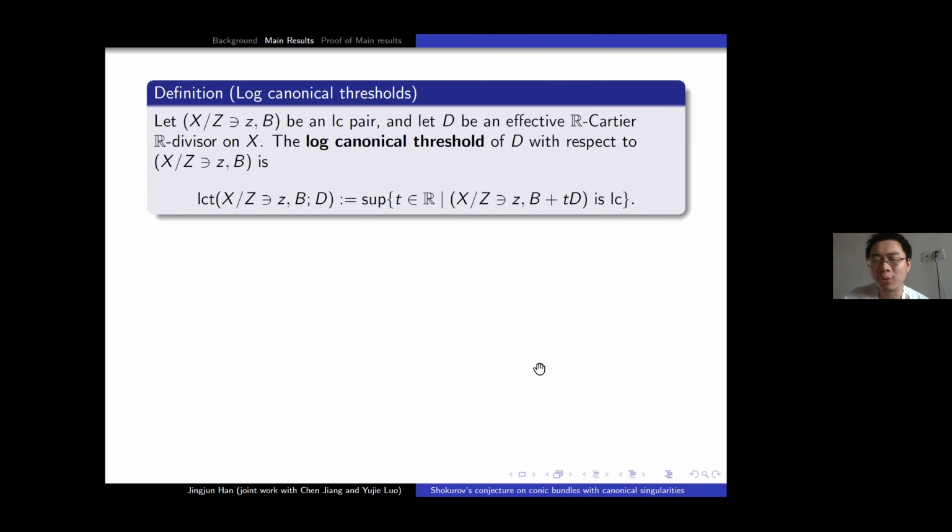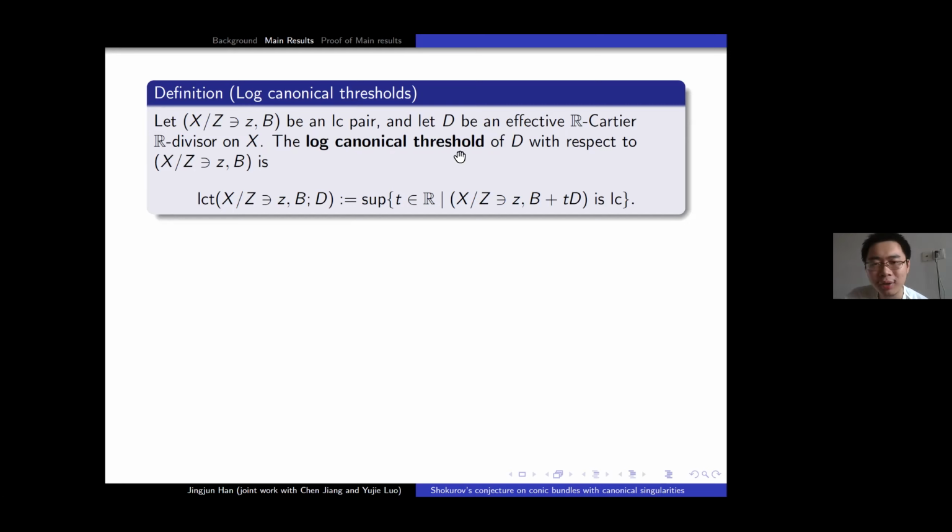Then I would like to define the log canonical thresholds. It also appears in the definition of the canonical bundle formula. Let (X, B) be a log canonical pair and D be an effective R-Cartier R-divisor.